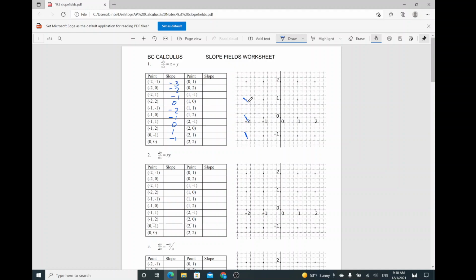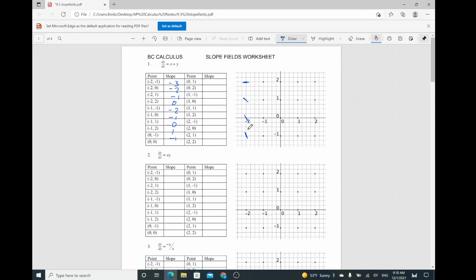As you can see, the dash here is a little bit tilted, so you just want to move it a little bit back toward the horizontal position. Then (-2, 2) is 0, so that's going to be flat right up here.